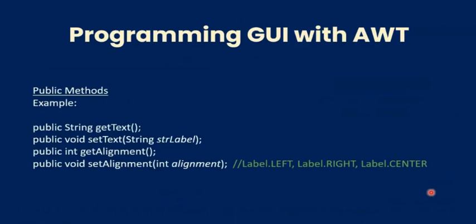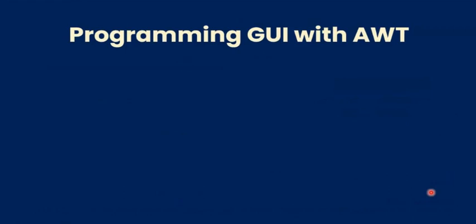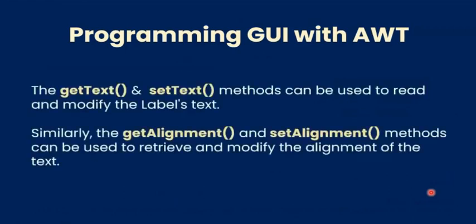So next are getText and setText. Let's proceed to getText. The getText and setText methods can be used to read and modify the label text.